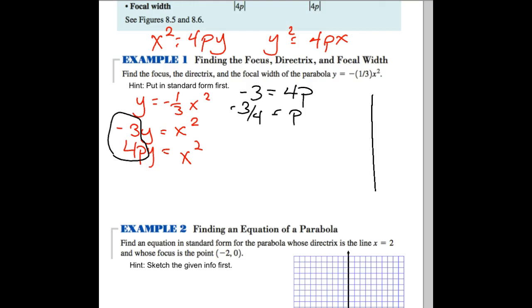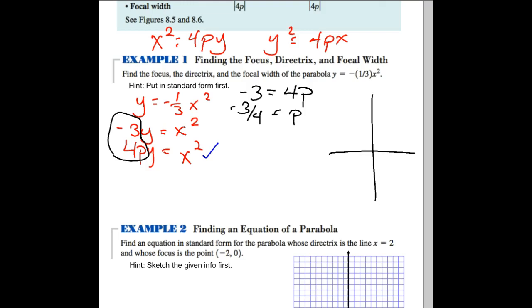So let's visualize it. Like I said, picturing it is going to make this so much easier. The things I would analyze: it's x squared equaling 4py, right? We had x squared equals negative 3y. So is it going to open like the up and down kind or the left and right kind?